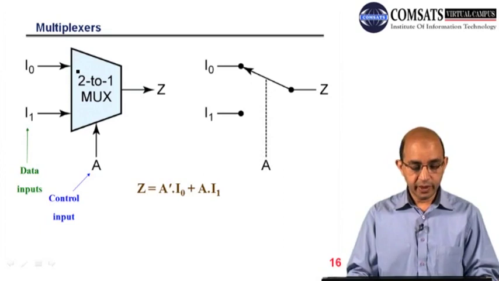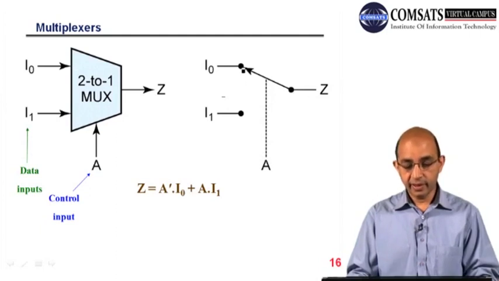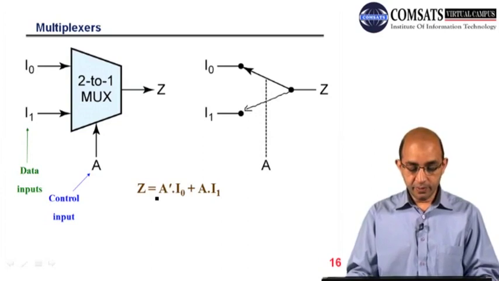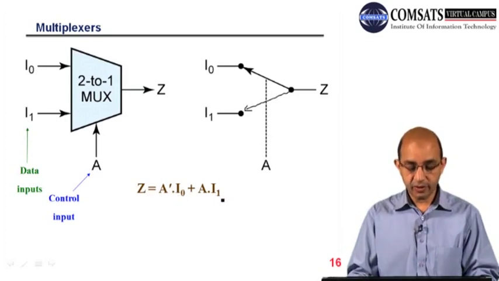So this I0 will be selected. You can see that the switch is connected here when A is equal to 0, and when A is equal to 1, then we have the connection here. You can see the Boolean function, or equation, for this: Z is equal to A bar dot I0 plus A dot I1.